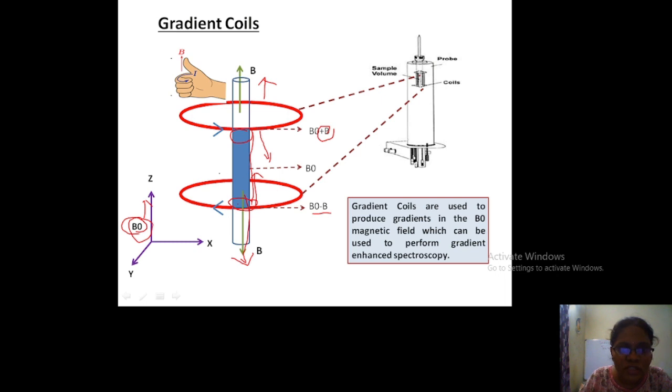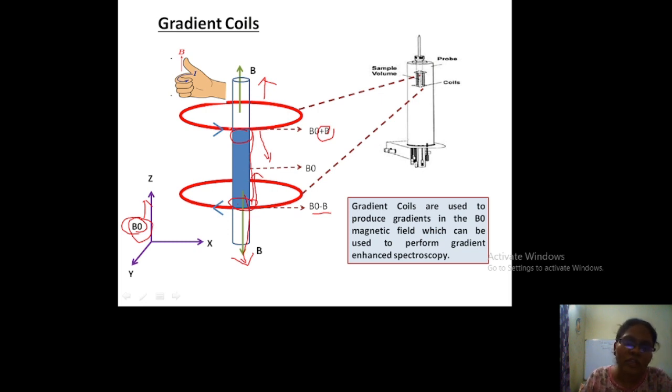So at the center of these two coils, the field experienced by the molecules will be B naught. That is, only the external magnetic field is experienced by the molecules at the center.